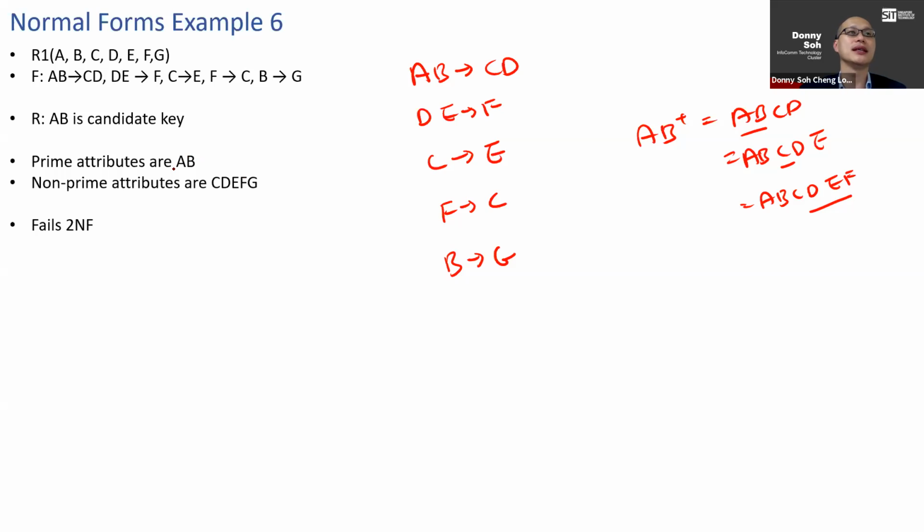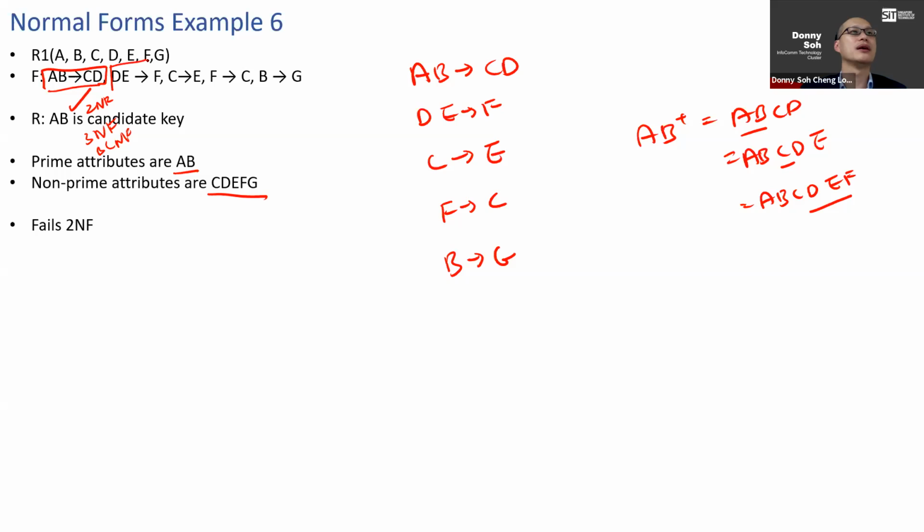So prime is AB. Non-prime attributes are C, D, E, F, G. Okay. So this clears my 2NF. In fact, it also clears my 3NF and even BCNF because this is a super key.